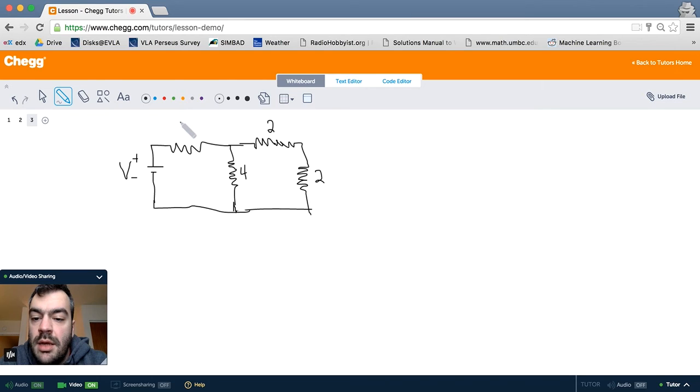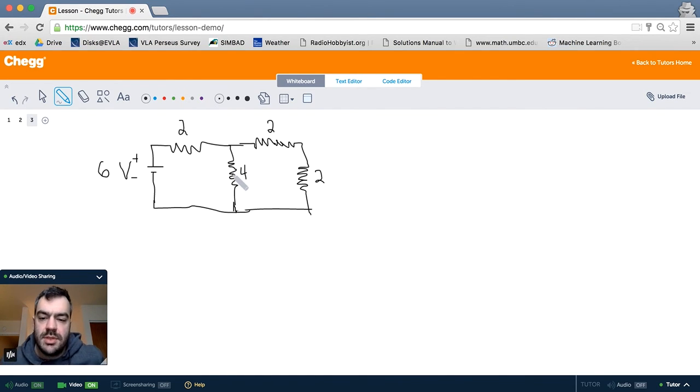And a 2 ohm resistor here. And then we'll finish off by saying that this is connected across another 6 volt battery. And what we want to do is find the current going through each of these branches of this circuit, so each component of this circuit.